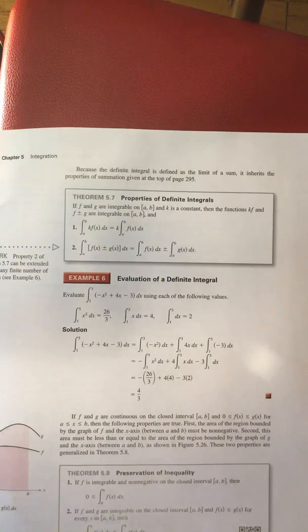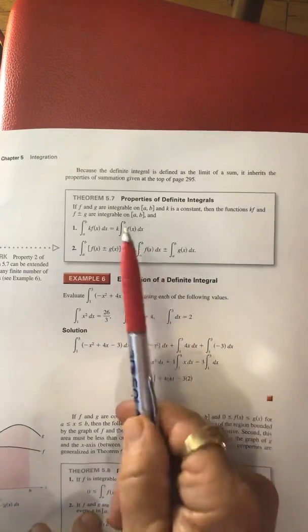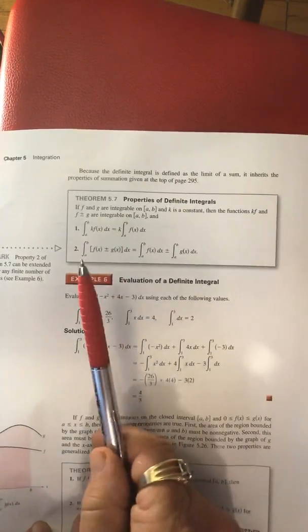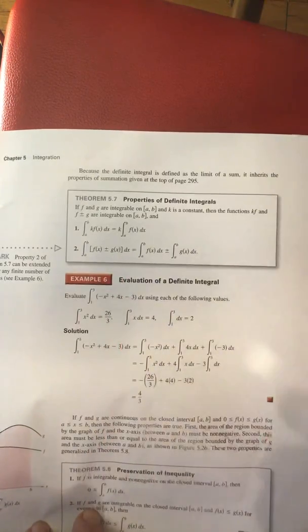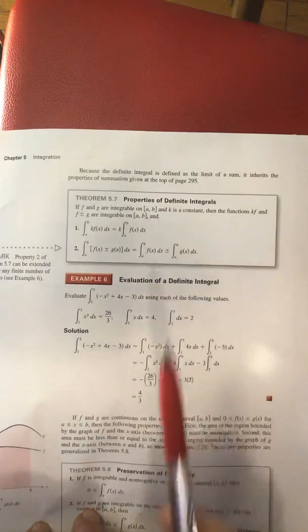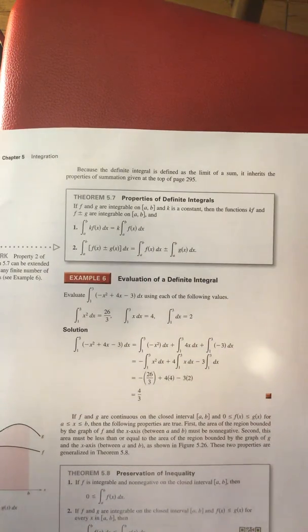And very much what we said about derivatives. Constants flow through derivatives. Constants flow through limits. Constants flow through integrals. The derivative of a sum is the sum of the derivatives. Well, the integral of a sum is the sum of the integrals, is what we have there. Right?